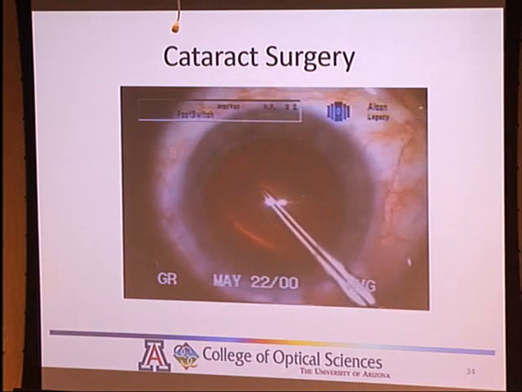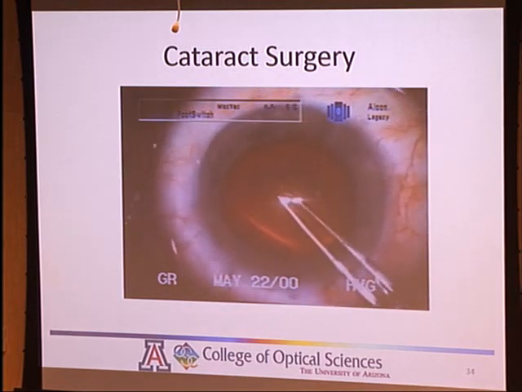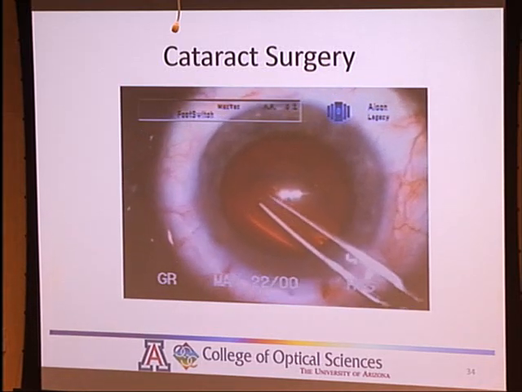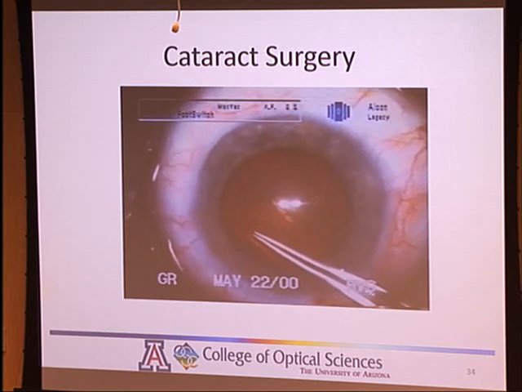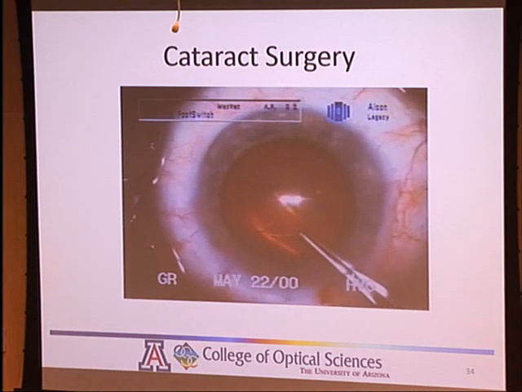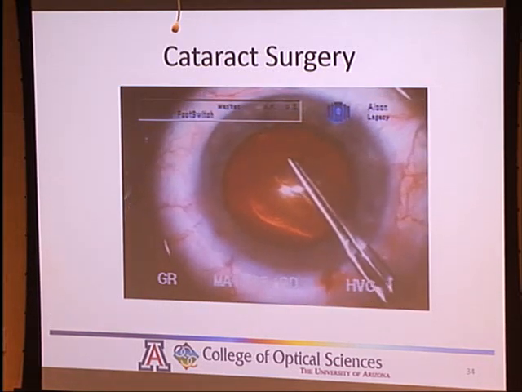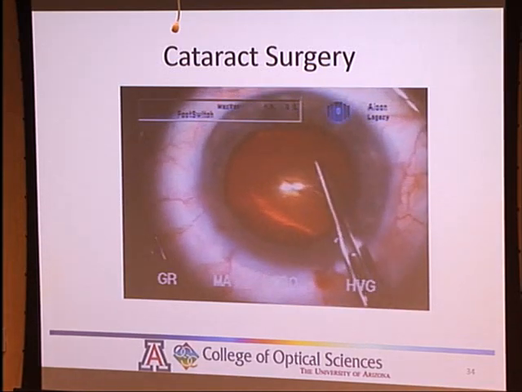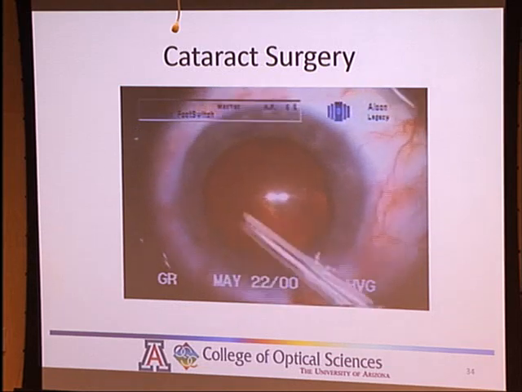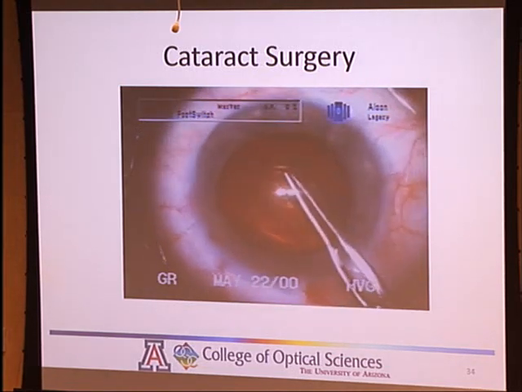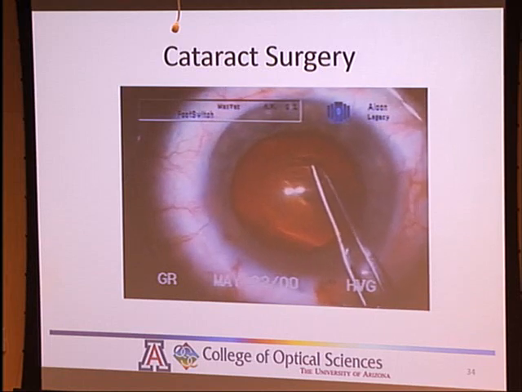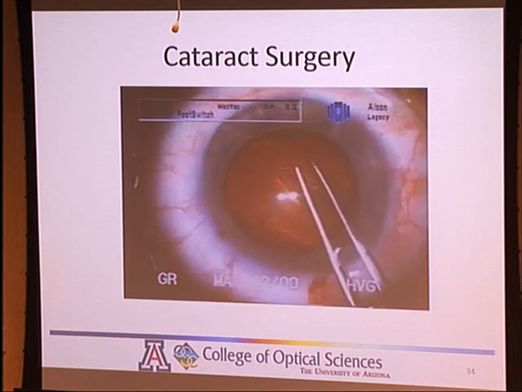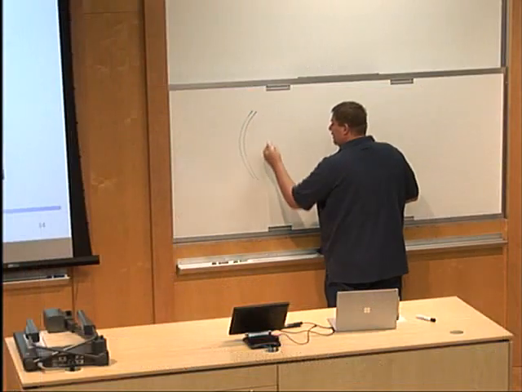And then the lens inside the eye is inside an elastic bag, and so here he's peeling off the front surface of this bag so that you can get to the lens that's inside. So this is behind the cornea. I'll do the side view here. Cornea is like this.